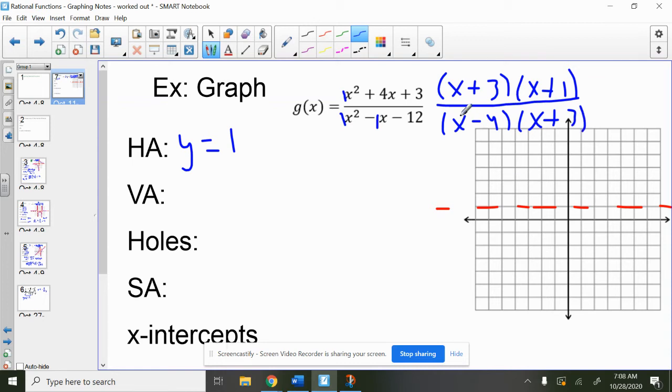What I know here is that these are going to cancel because it's the exact same, which means there's a hole at (-3, something). So that's a coordinate point. I know I have a hole at -3 comma something. I just don't know where the rest of it is until I can find it. Now this one, x minus 4, doesn't cancel out, so I know that there's a vertical asymptote there. So I get x minus 4 equals 0, or x equals 4.